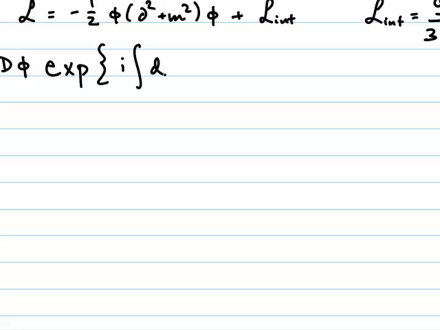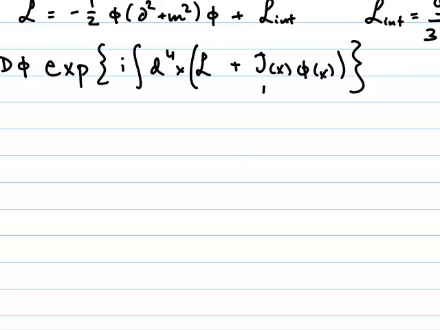So that would be the integral d4x of the Lagrangian density, plus a source term where we just by hand couple this scalar field phi to some additional quantity that we've called j, which is interpreted as a classical source for the field.